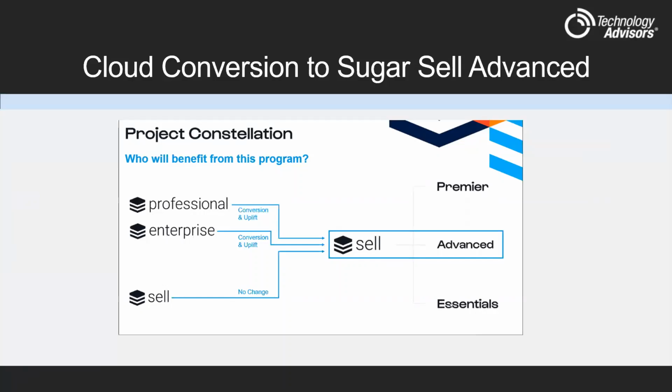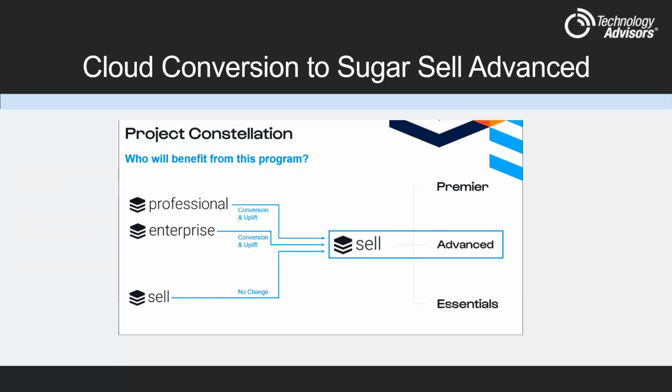Sugar has basically just rebranded Sell as Sell Advanced. And as part of this whole process, there are also going to be two additional tiers of Sell: Sell Essentials, which is a more basic version, and Sell Premier, which is the most robust version. We will cover some of the differences between those on a later slide.